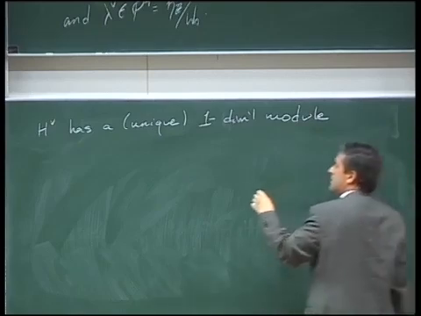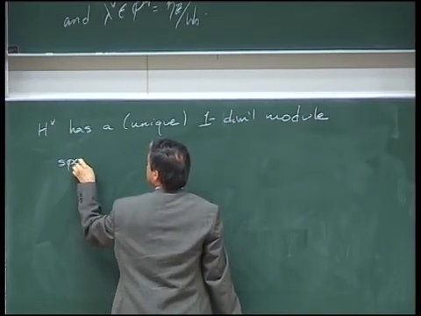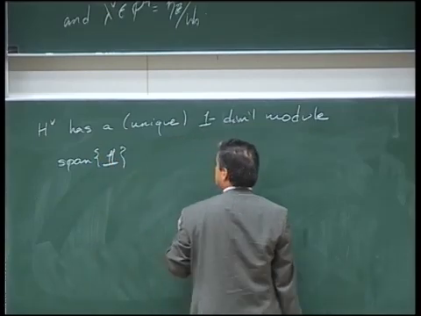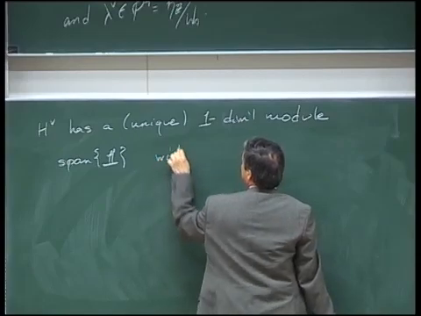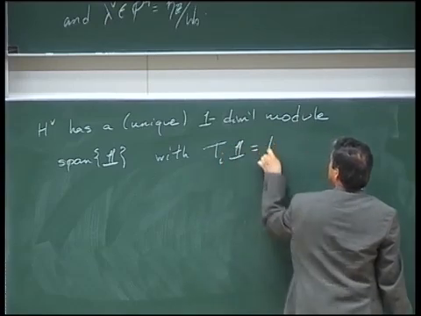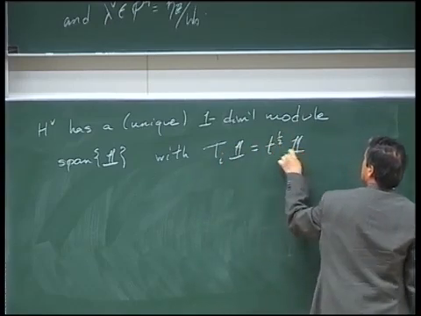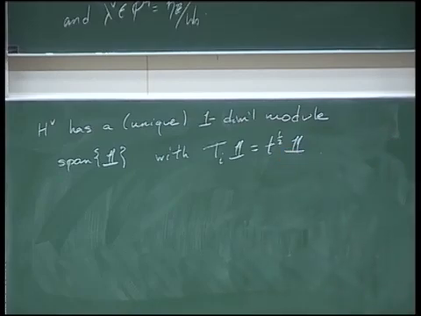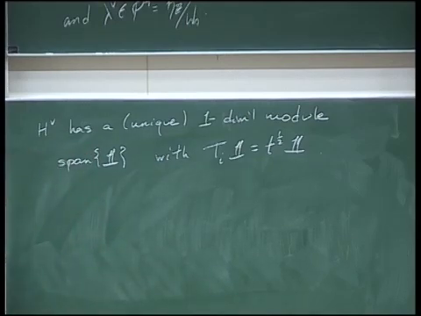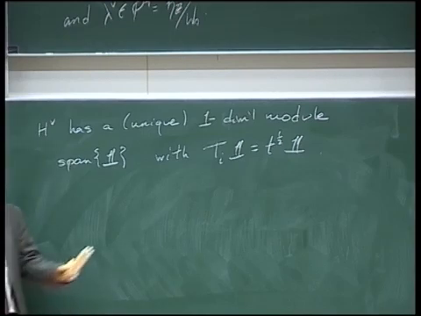Let me call it the span of a single vector, which I call boldface 1, with Ti 1 equal to t to the half. Okay, so I just said that Ti has eigenvalues t to the half and negative t to the minus a half. If I'm choosing a one-dimensional module, I've got to choose one of these eigenvalues. Let's choose this t to the half.